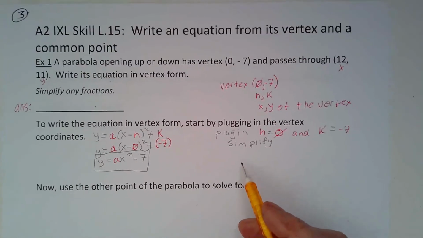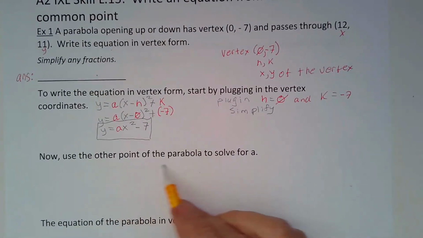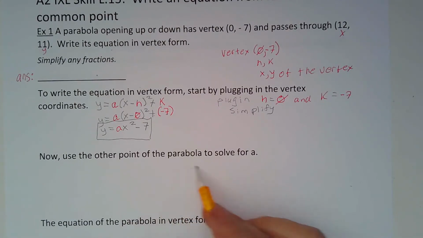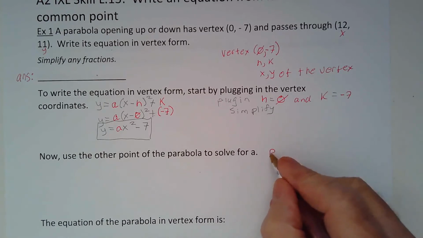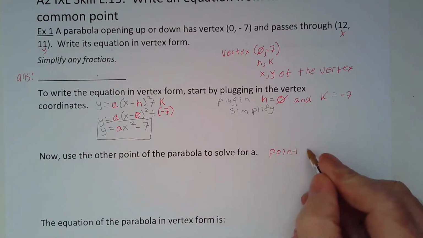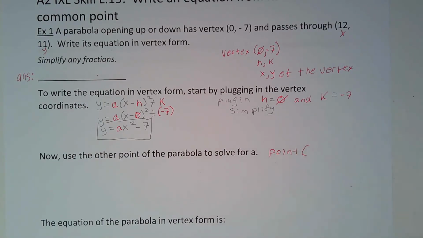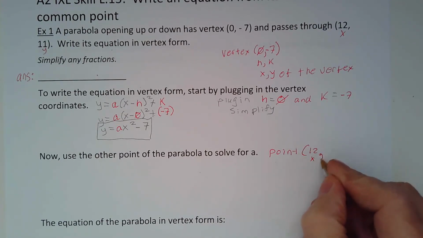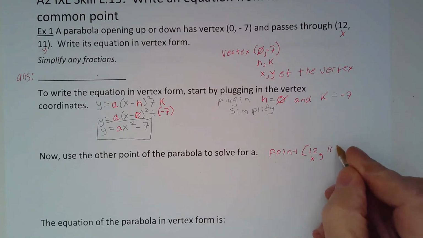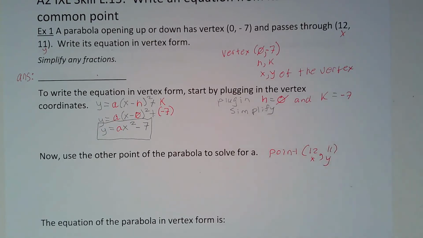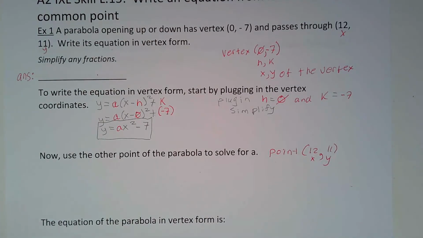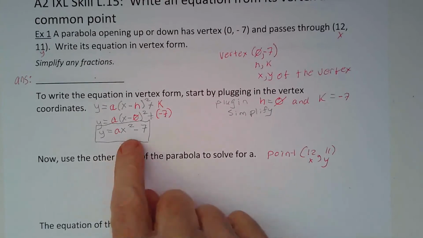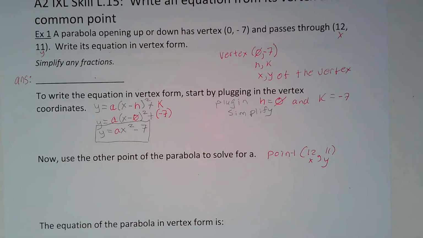Okay. So now I'm going to use the other point of the parabola to solve for a. And you've got to remember that that point was a point with coordinates of 12 for x and 11 for y. So what I'm going to do is take my equation up here and rewrite it down here.